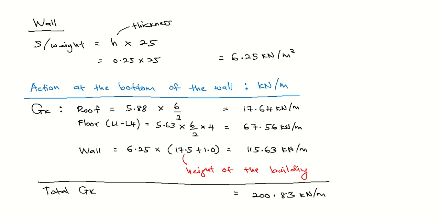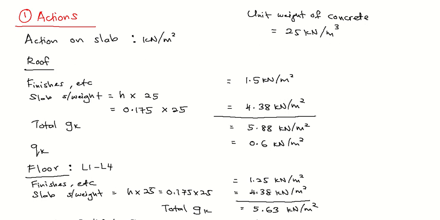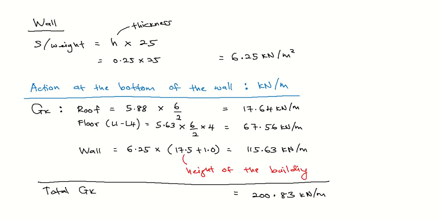Okay, we didn't add the GK of the floor here or the roof 0.6, but for the NED, the axial load of the wall, we consider the self weight of the wall plus half of the load that comes from the slab.